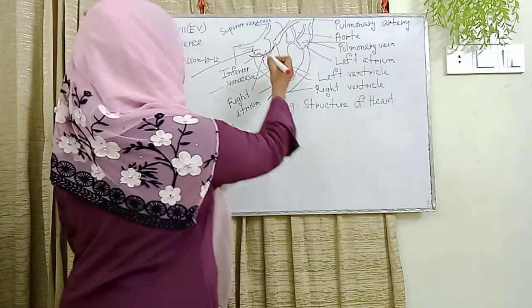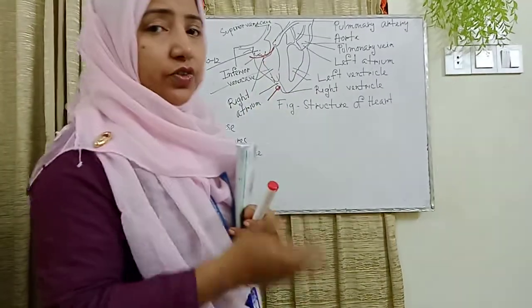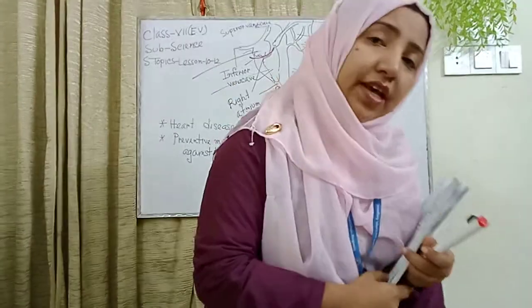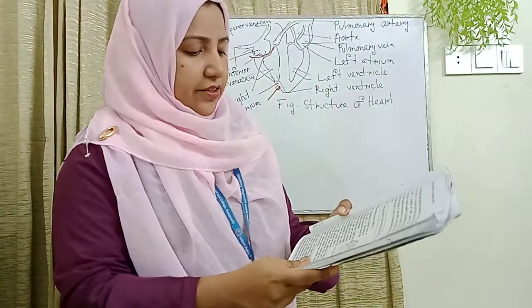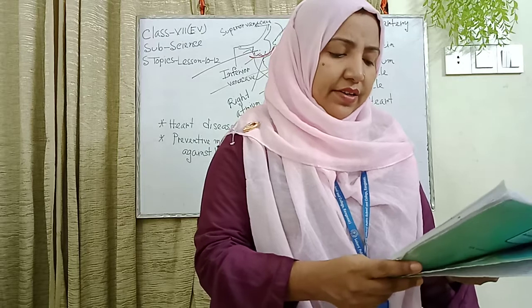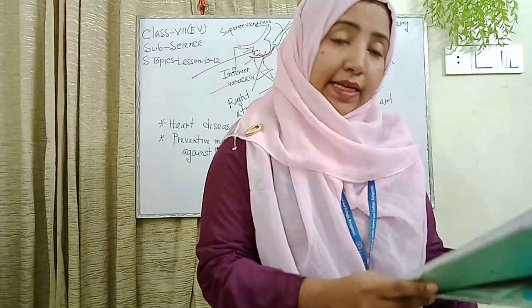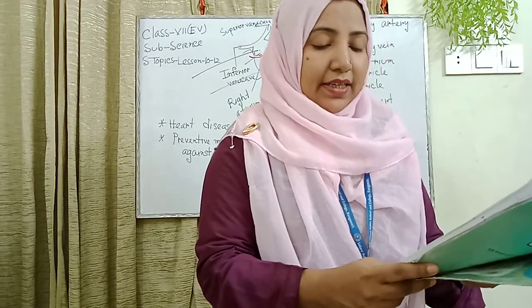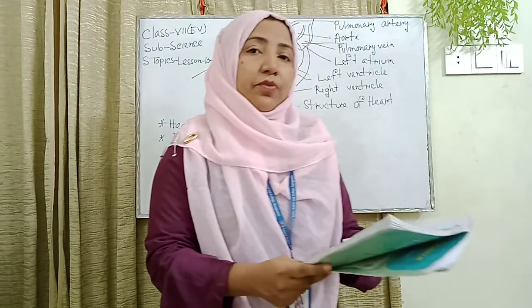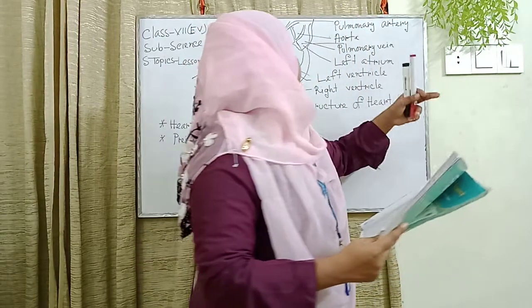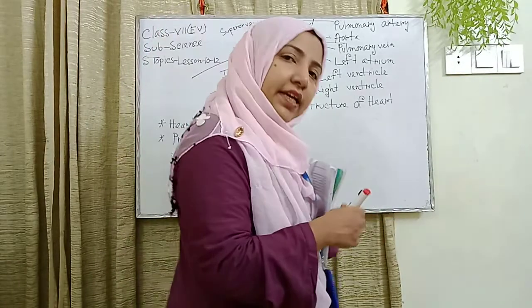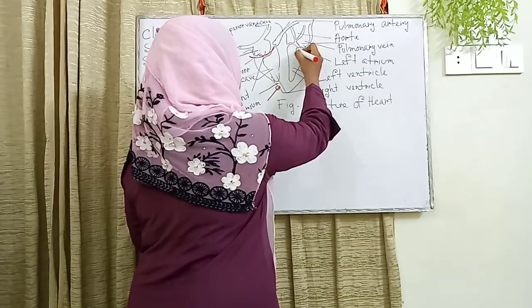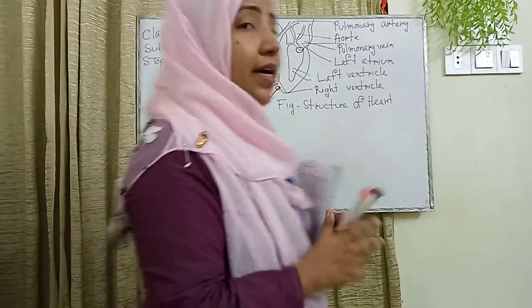Here this structure has valves, and it is the difference between the atrium and the ventricle. Blood can enter the ventricles through these apertures. Similarly, valves are present in between the left atrium and the left ventricle, and it has another valve. This structure is also the valve.